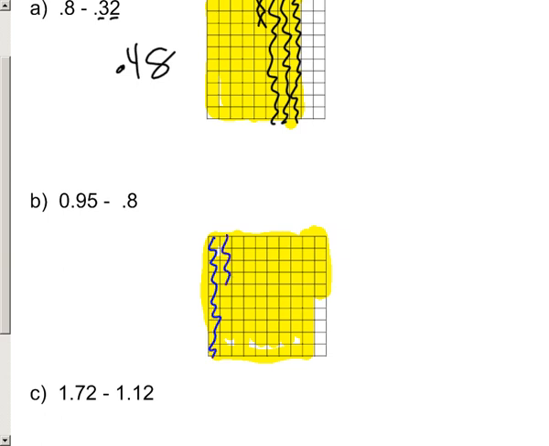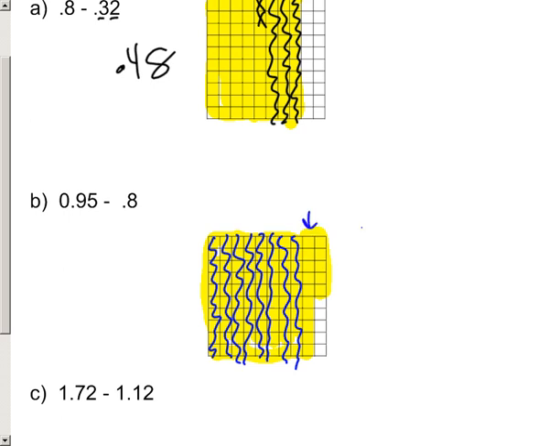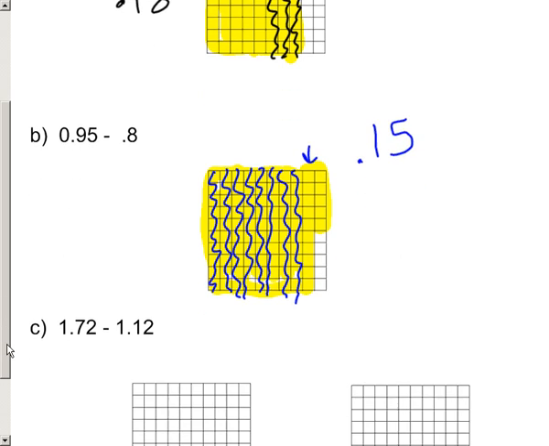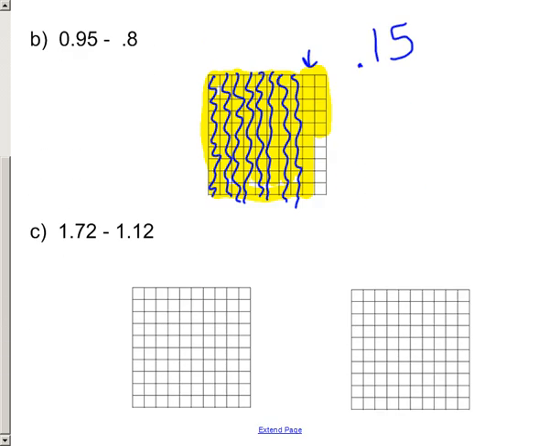Minus 1/10, 2, 3, 4, 5, 6, 7, and 8. And then we look at what we have left. I have 1/10 left, and I have 5/100 left. So our answer is 15/100.